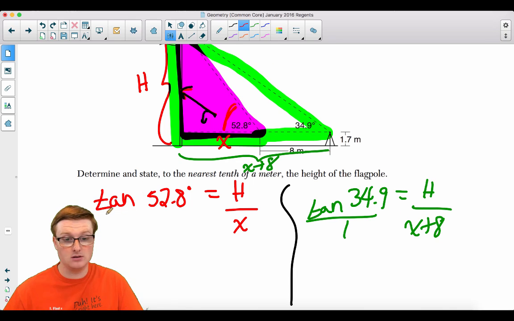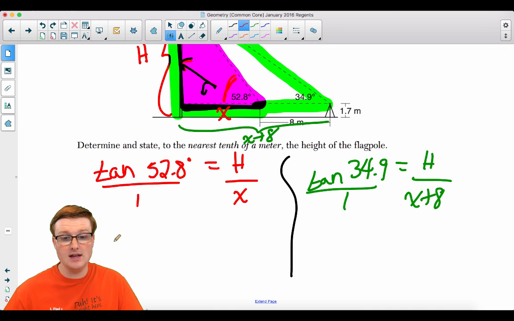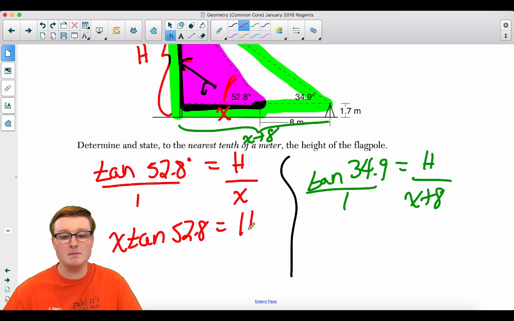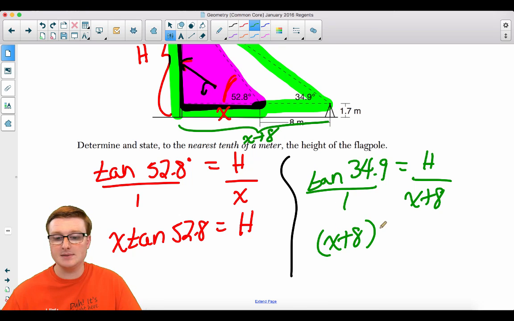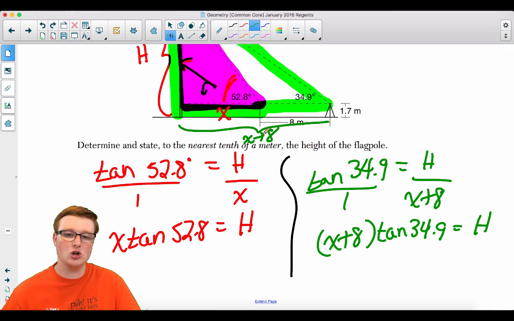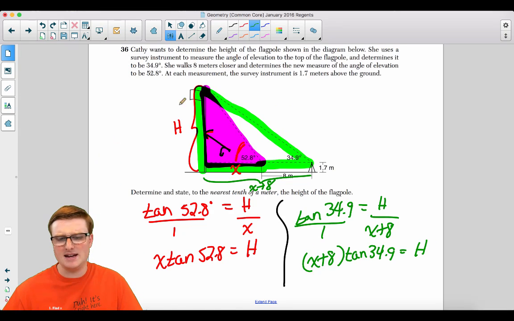Now what I'm going to do is cross multiply these. So you get x tangent of 52.8 is equal to big H. And you have x plus 8 times the tangent of 34.9 is equal to big H. Wait a minute. Equals H?